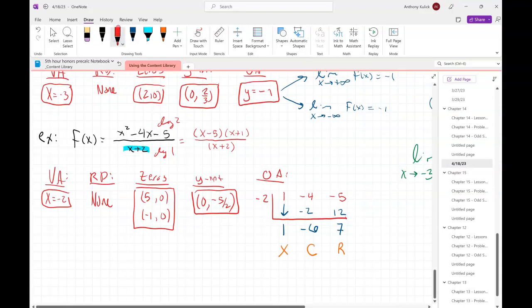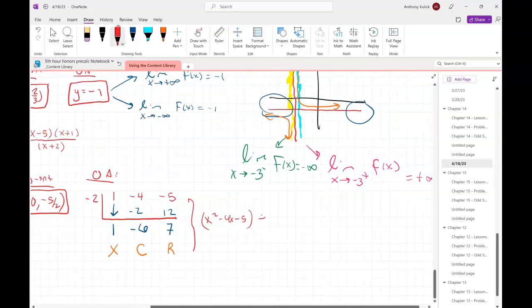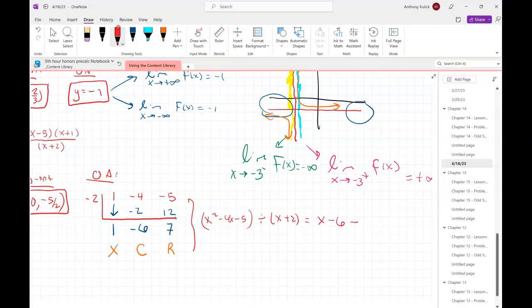So what this tells me is that x squared minus 4x minus 5 divided by x plus 2 is equal to x minus 6 plus my remainder 7 over my divisor x plus 2.